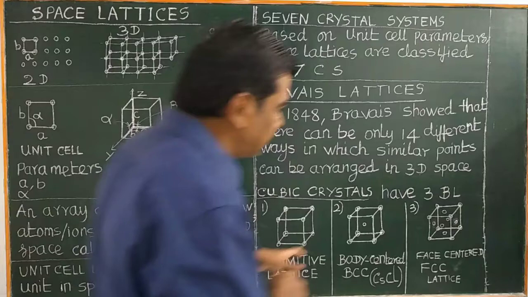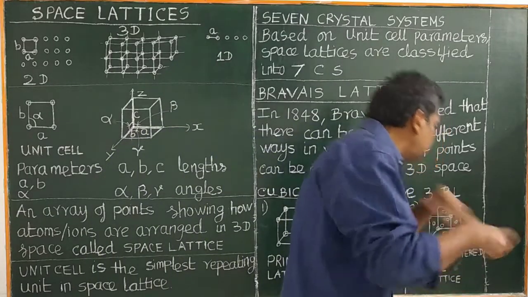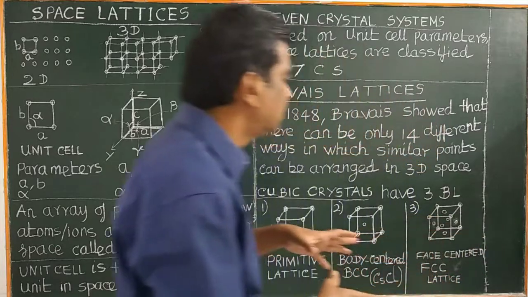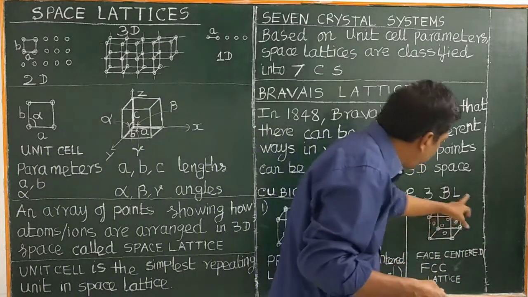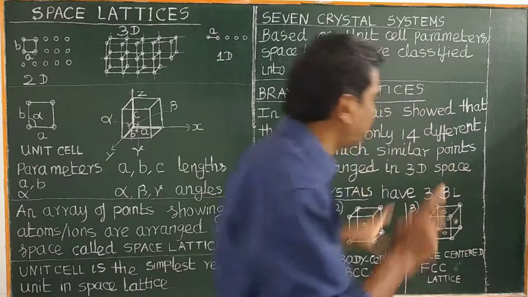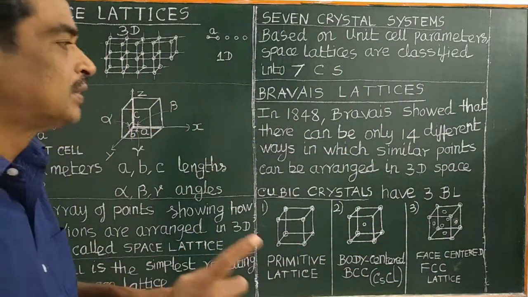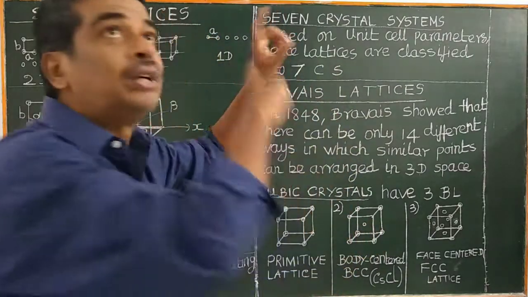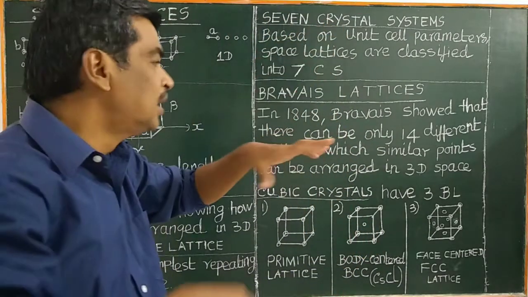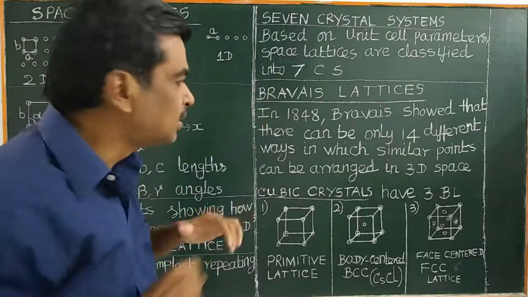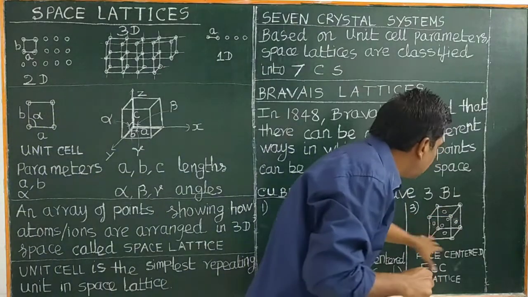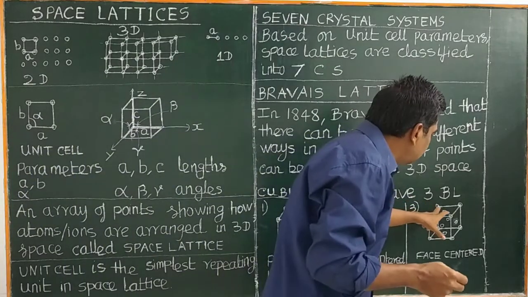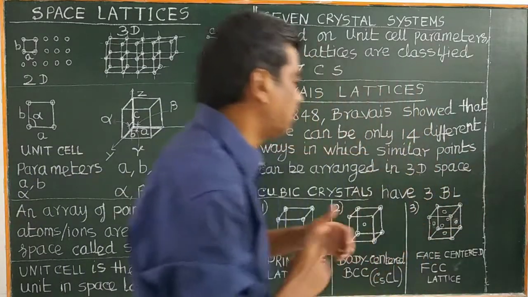We have already studied this. In the face-centered cubic Bravais lattice, in addition to atoms at the corners of the cube, there are 6 faces in a cube: 1, 2, 3, 4, 5, 6. At each face center, there is one atom.